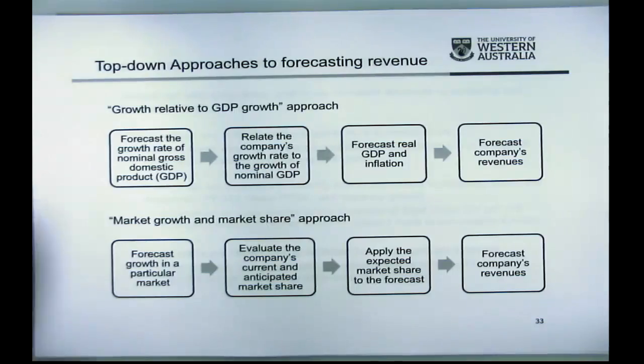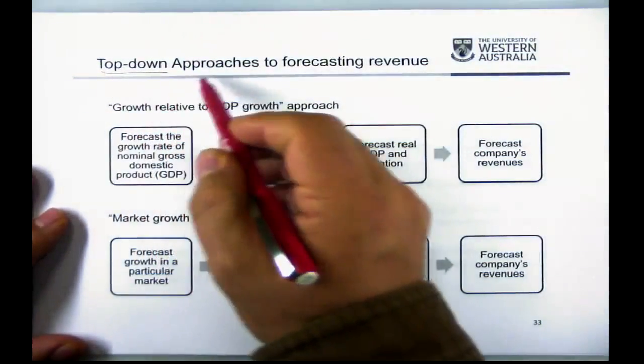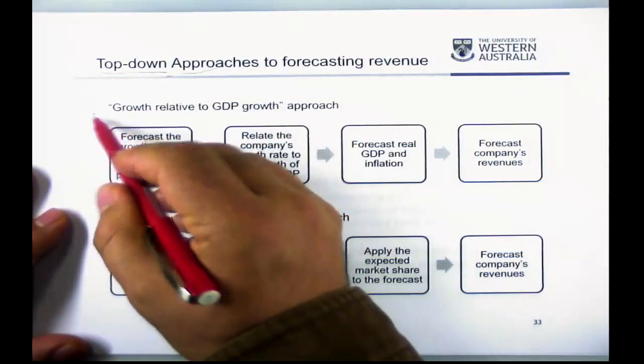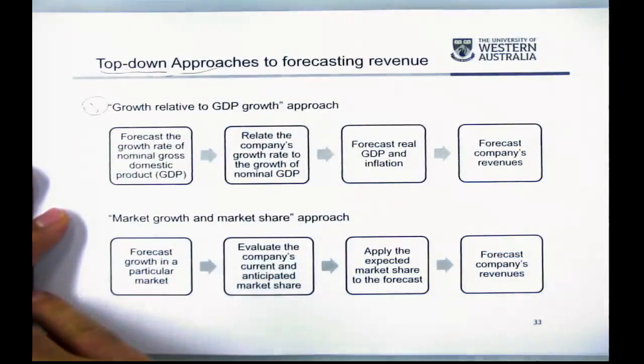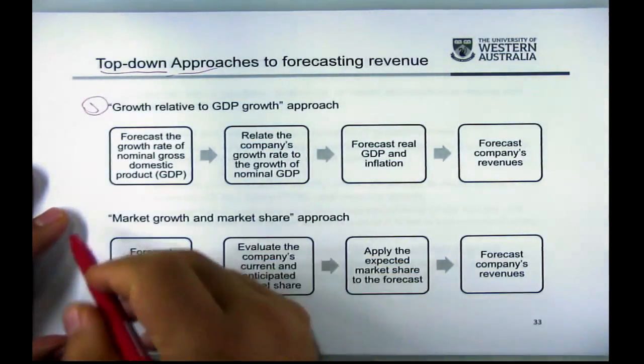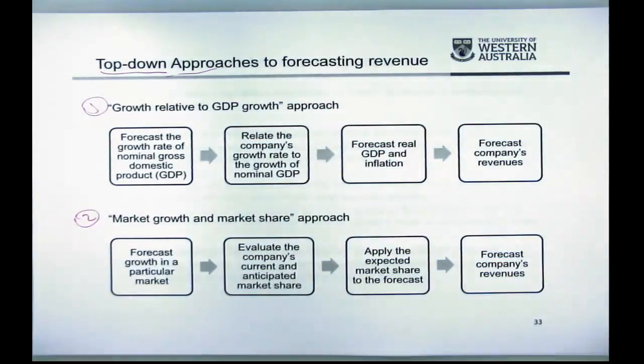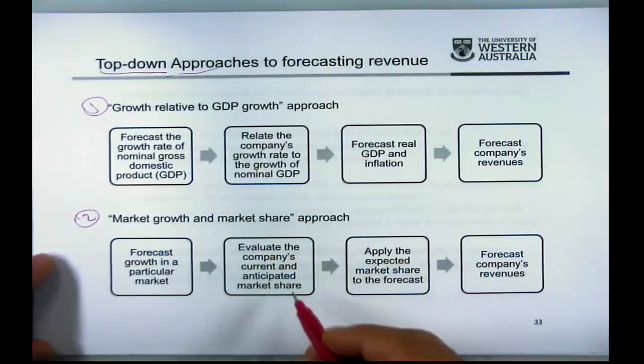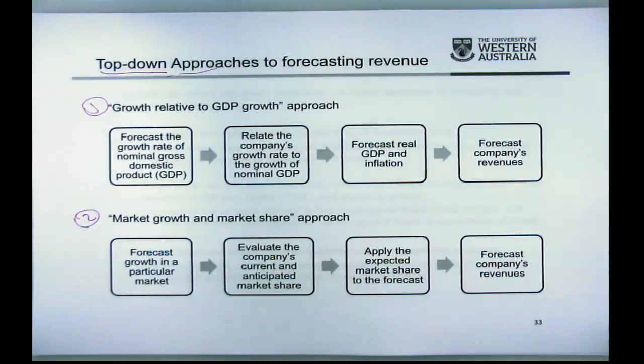So according to the top-down approach, we can either use the growth rate of the firm relative to the GDP growth, or we can do something else. We forecast the growth rate of the industry, and then we multiply the forecasted sales for the whole industry by the market share of the company.